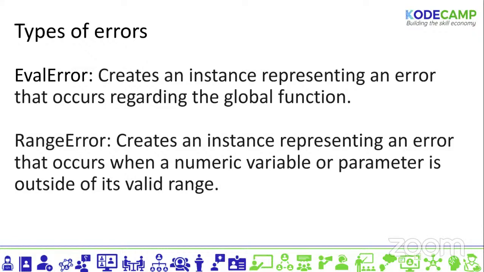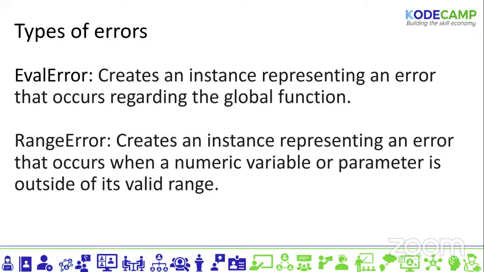So let us look at types of error. We have EvalError. It creates an instance representing an error that occurs regarding a global function. This EvalError used to exist before ES2015.